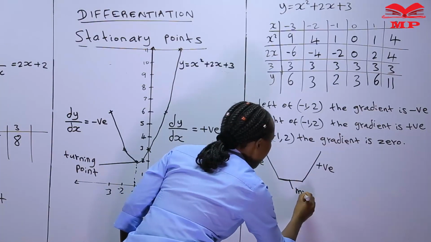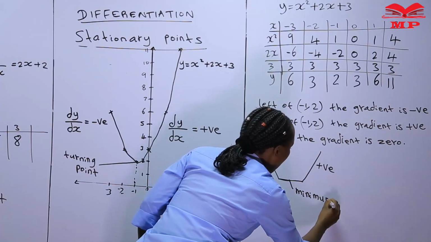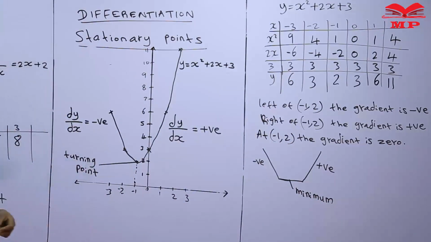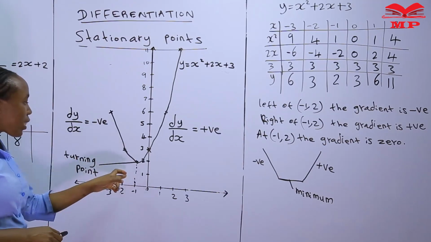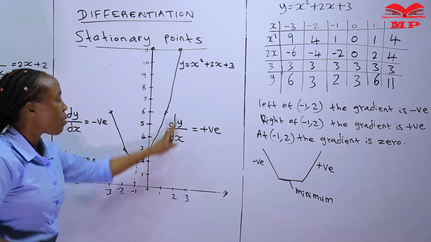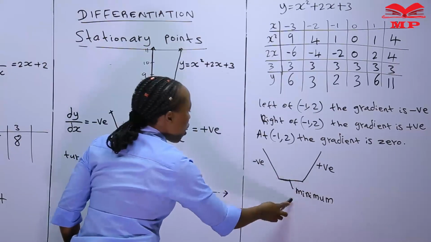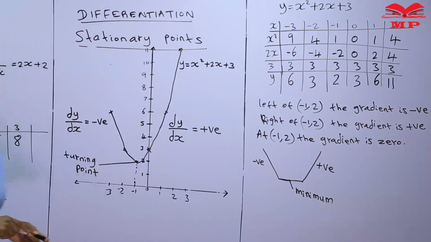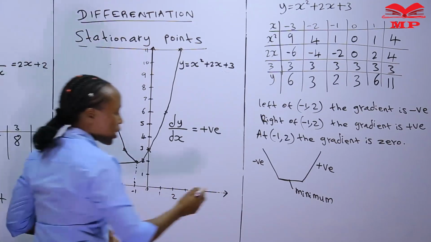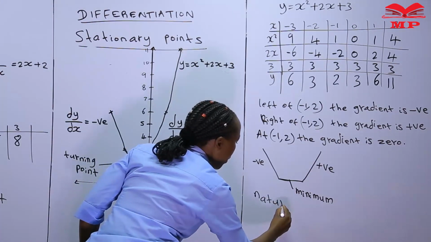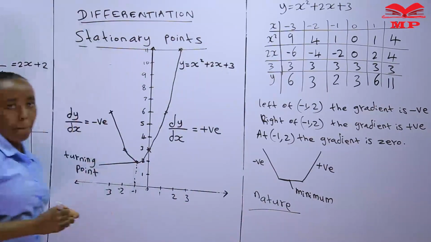We have a minimum, so our stationary point is a minimum. It can clearly be seen we have negative, stationary point, positive. And therefore, the nature of that turning point is a minimum.